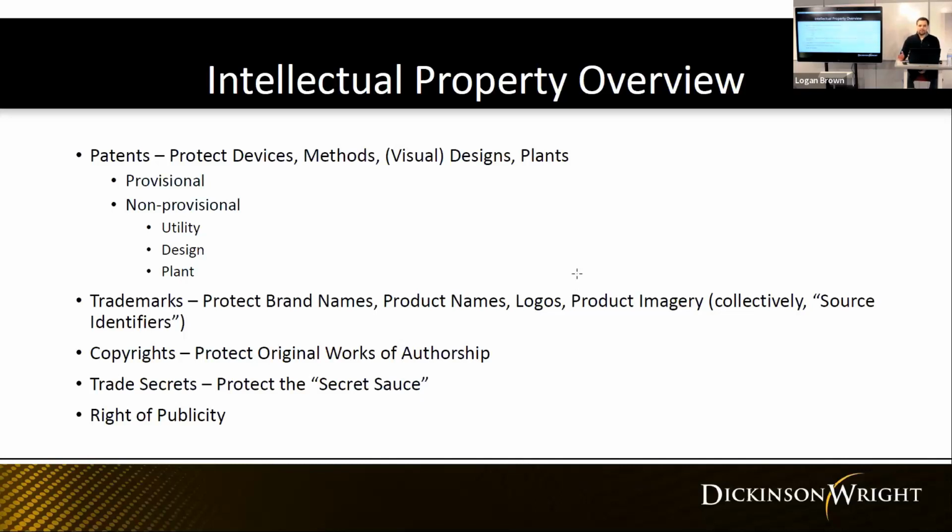The requirements for a provisional application are minimal compared to a non-provisional. And because we are now, as of 2013, a first to file country, more in line with how the rest of the world works, the name of the game is getting your patent idea on file with the USPTO as soon as possible.